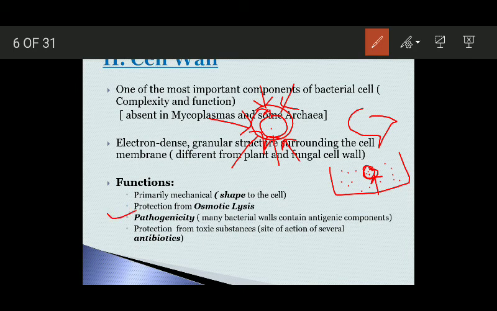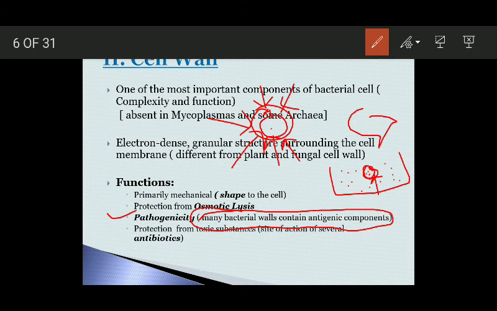One more function of the cell wall is that it grants pathogenicity to the bacterial cells. It has been found that the cell walls of many bacterial cells contain antigenic components. Antigenic components are those specific molecules which give bacteria or other pathogens their pathogenic behavior.